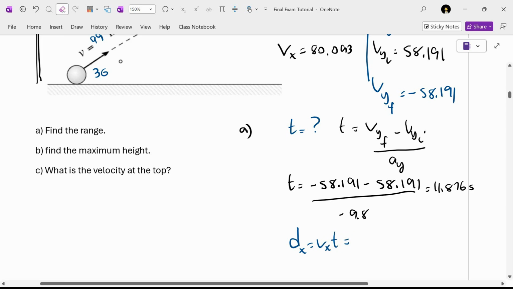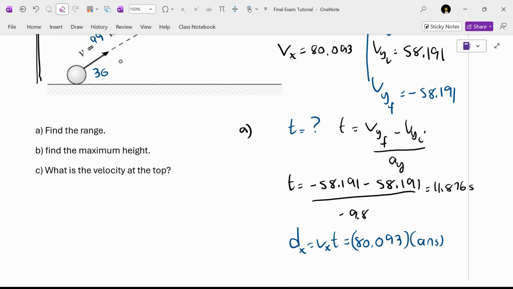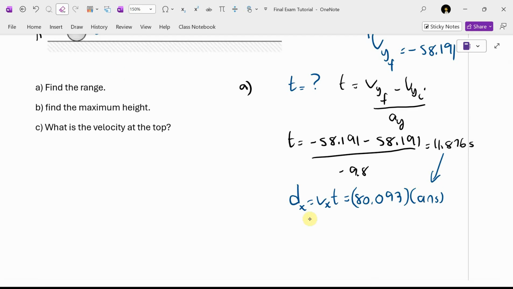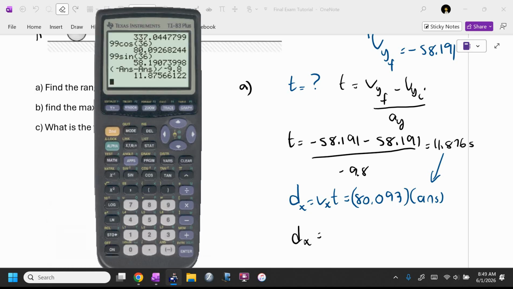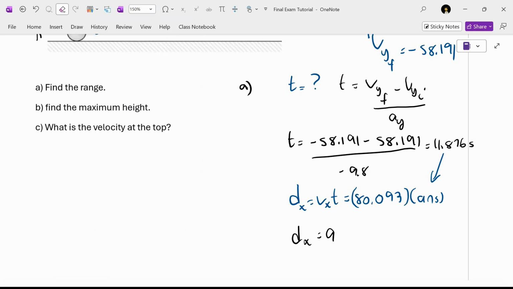It's going to be 80.093 times my answer button. And I get 951 meters.